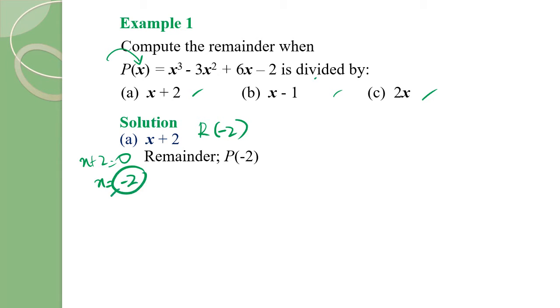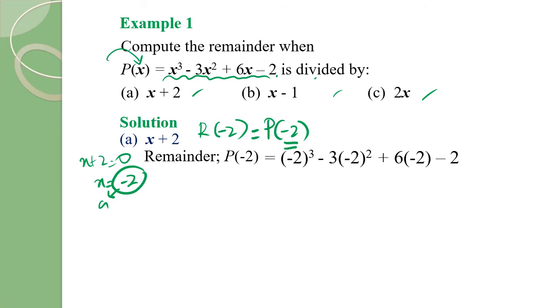So this is equal to our a. We can substitute x equal to negative 2, which is actually equal to p of negative 2. So just substitute negative 2 into the polynomial: negative 2 cubed minus 3 of negative 2 squared plus 6 of negative 2 minus 2.